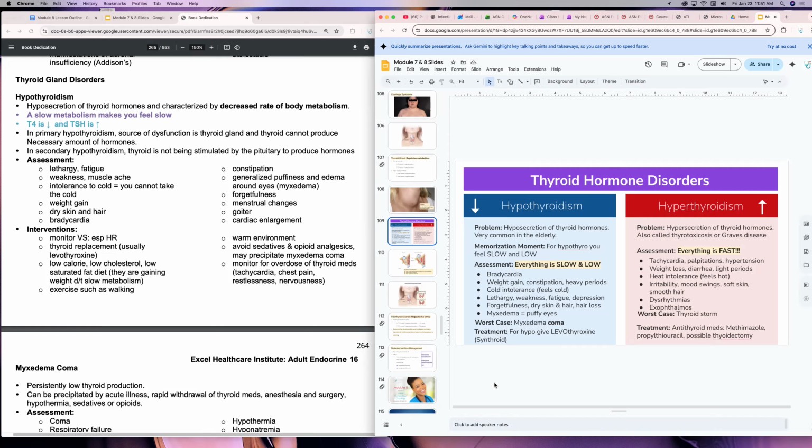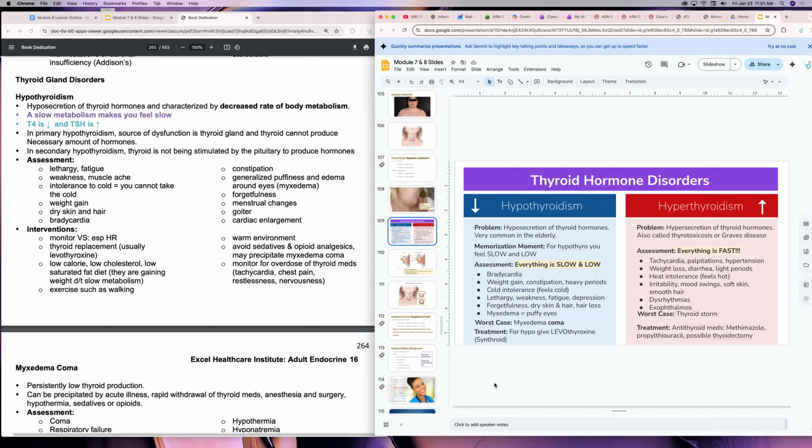All right? So the assessment of hypothyroidism, everything is slow and low.